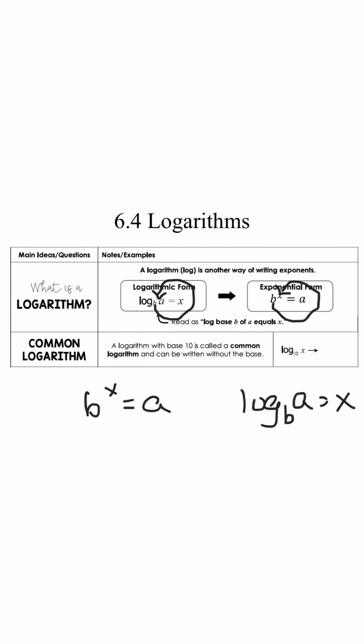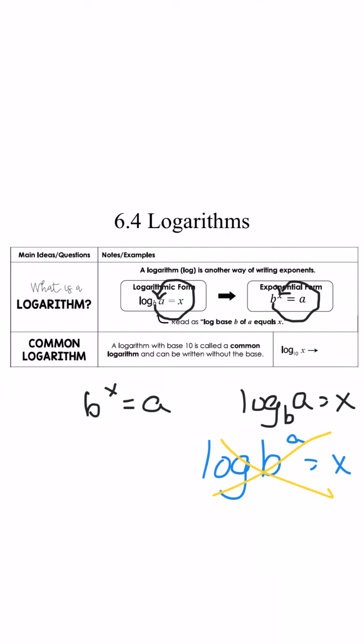Now, just to make sure that we understand how we would write things out, because usually there are some misconceptions on this. This is what I would typically see students write: they would write it this way, b to the a power equals x. All right, that's a big no-no.